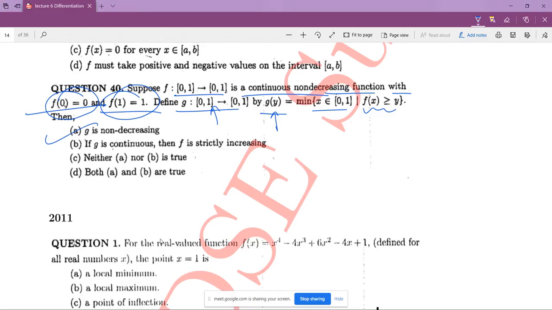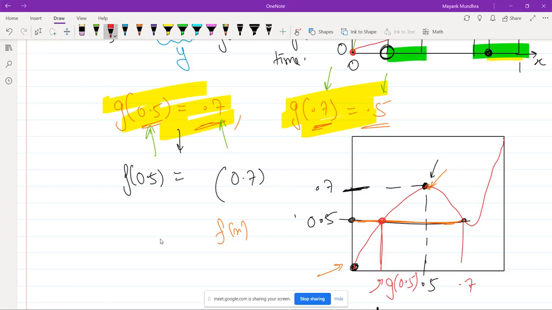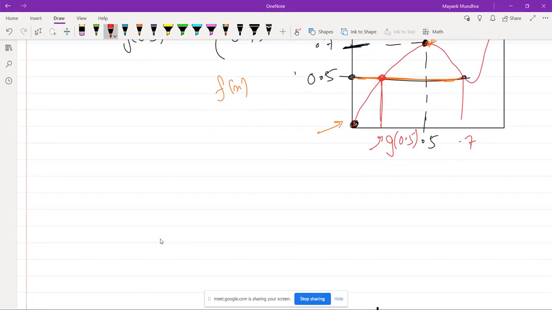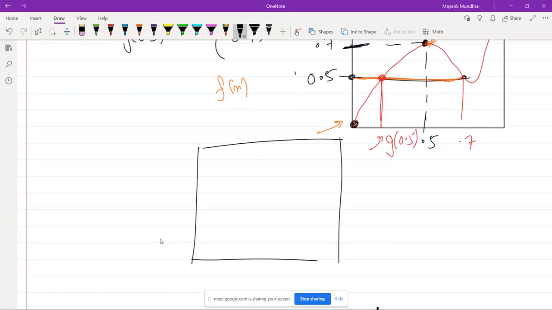Now, if g is continuous, then f is strictly increasing. Now, can it be that f is not strictly increasing? Let's take an f function which looks like this.